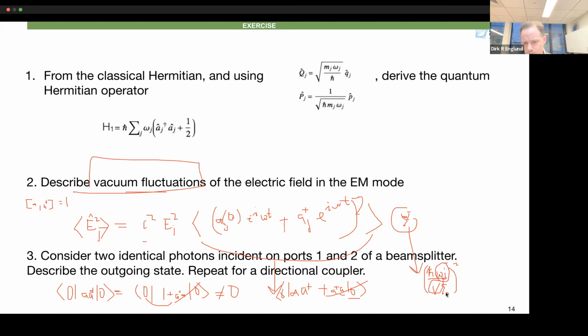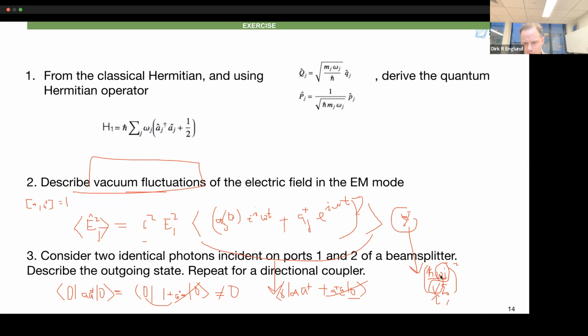This mode volume, incidentally, if you try to make it the smallest that it can be, without using methods like we introduced in my group for electric field concentration, in a homogeneous medium, then this cavity mode has a minimum mode volume of the order of lambda cubed.